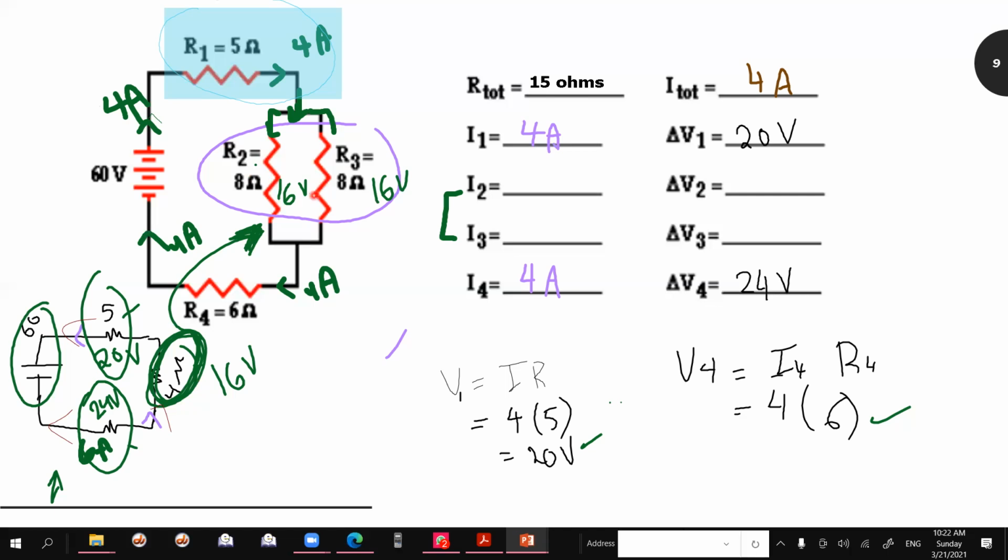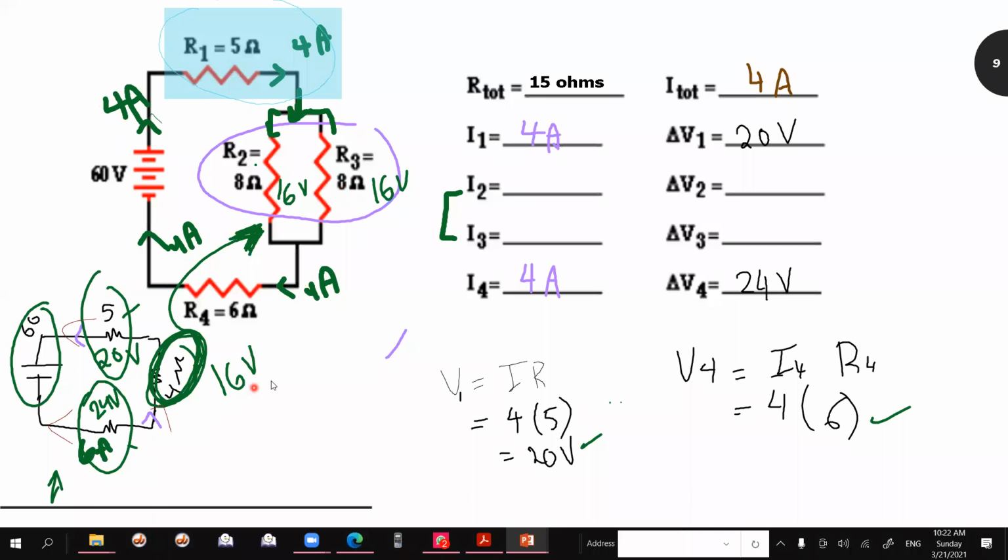Now, if we come back here, this 8 ohm and this 8 ohm are connected in parallel. So I told you, connected in parallel, the voltage is the same, but the current will be distributed.